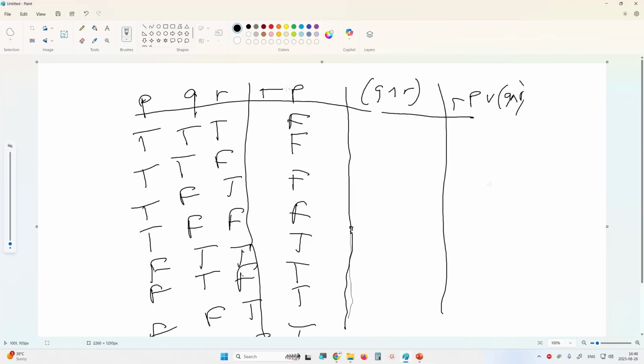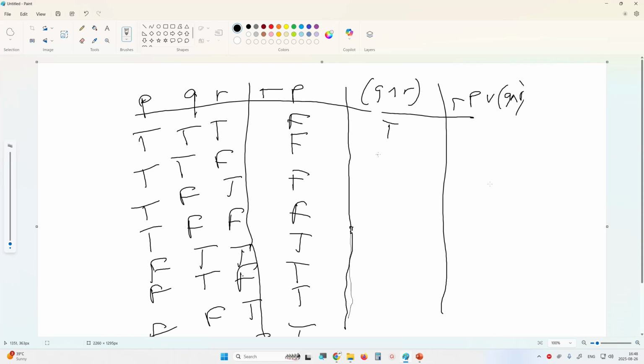Okay, so we did the not P, and then we need to do this Q and R. With the and, if one of them is false, the whole thing is going to be false. The only time this is going to be true is if both of them are true. So true, true gives me true.